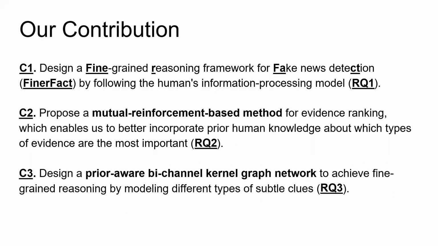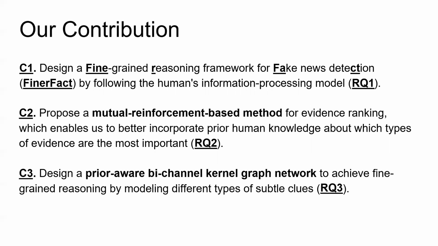To tackle these research questions, we made 3 contributions. The first one is that we designed a fine-grained reasoning framework for fake news detection, which is FinerFact. Secondly, we proposed a mutual reinforcement-based method for evidence ranking.